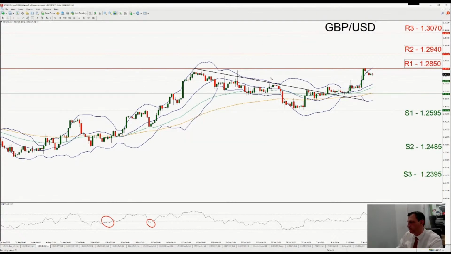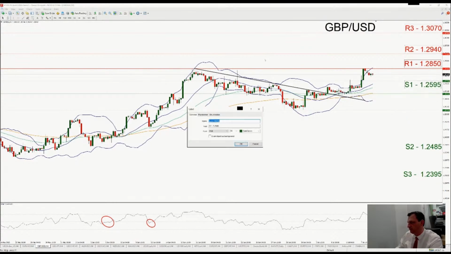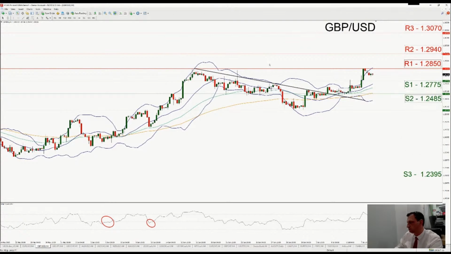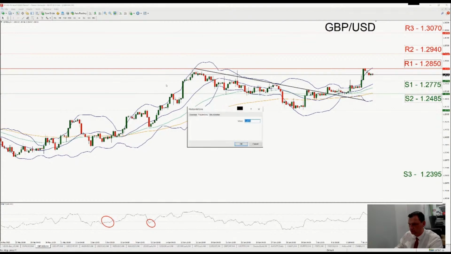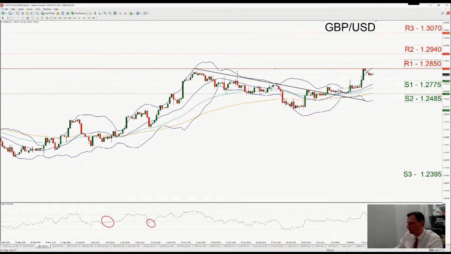The S1 now being placed at 1.2775. S2 at 1.2695.